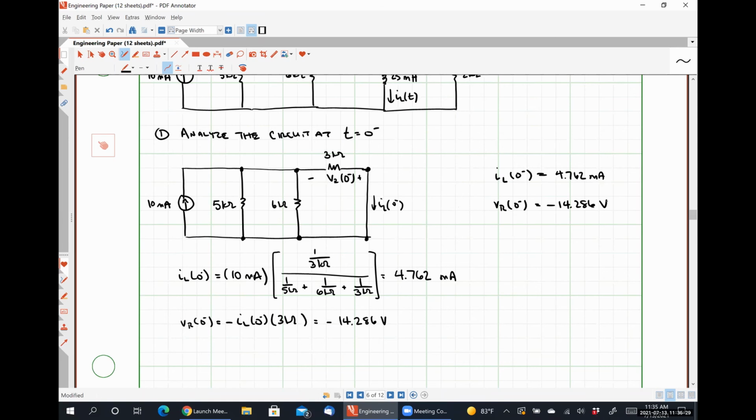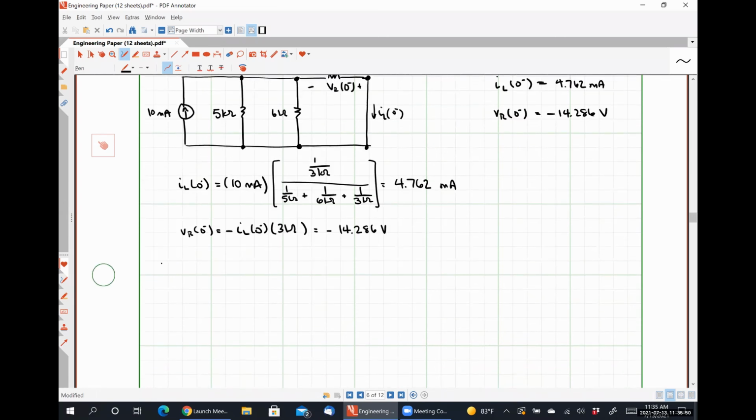Are there any questions regarding our circuit analysis at t is equal to 0 minus? All right. So our second step, as per usual, will be to analyze the circuit at t is equal to 0 plus.